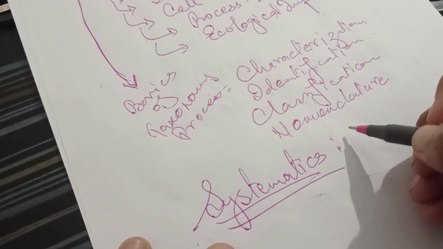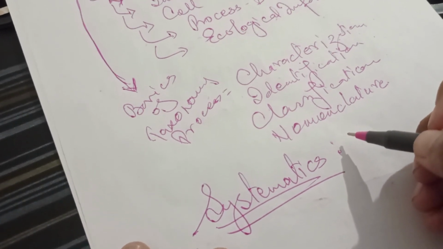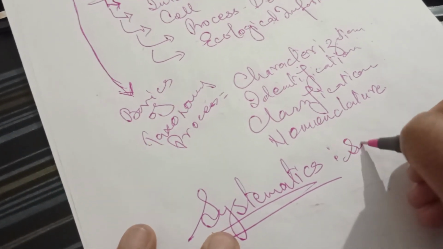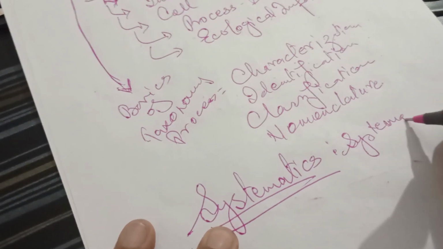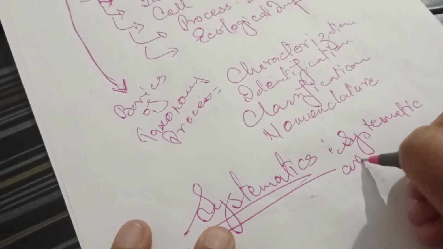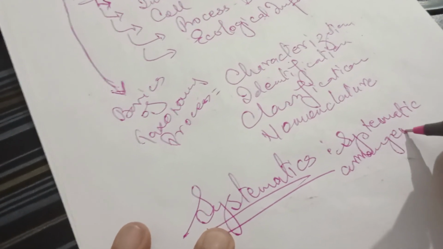Systematics is the branch or the study which refers to the systematic arrangement of organisms.